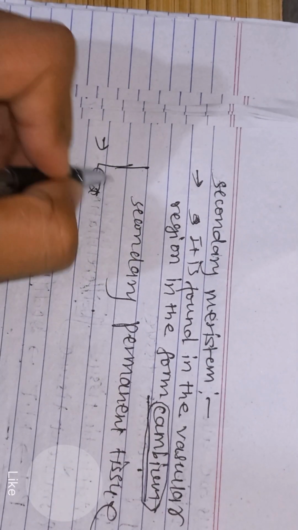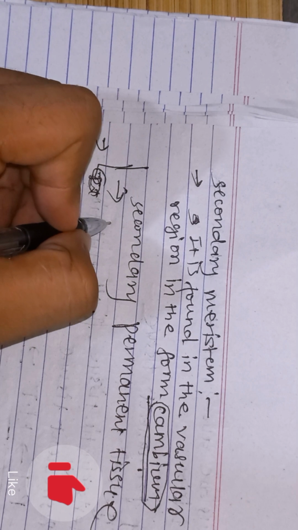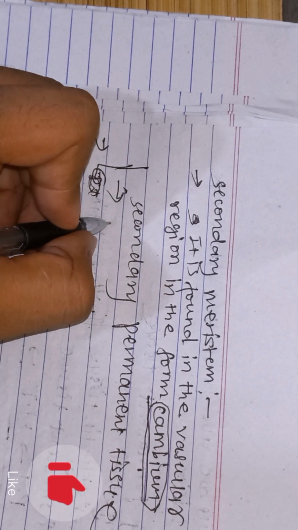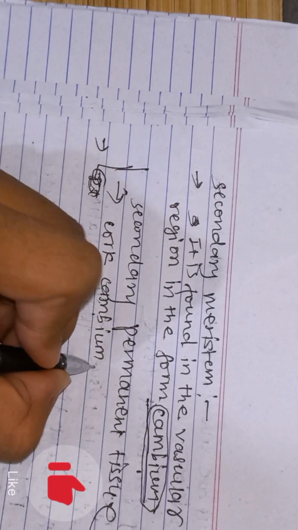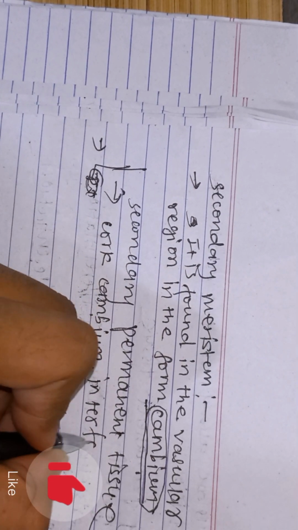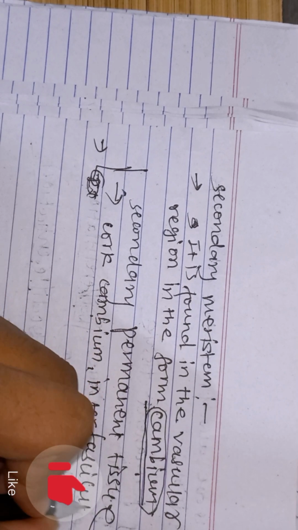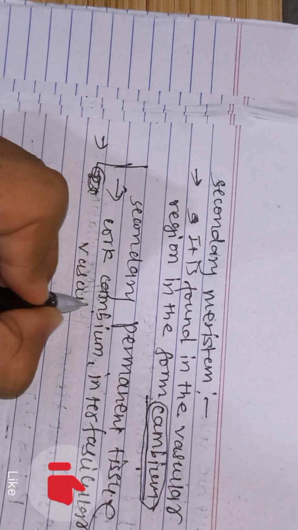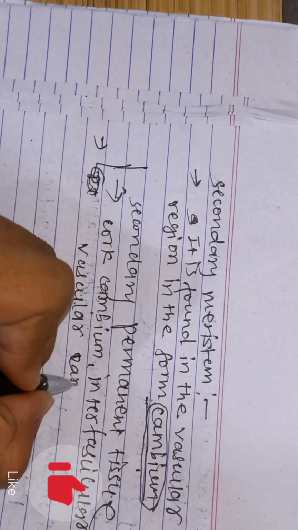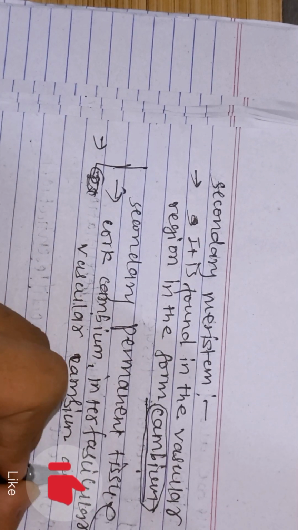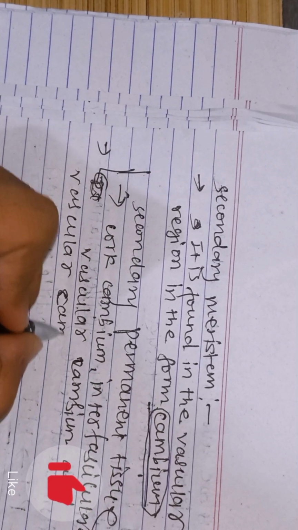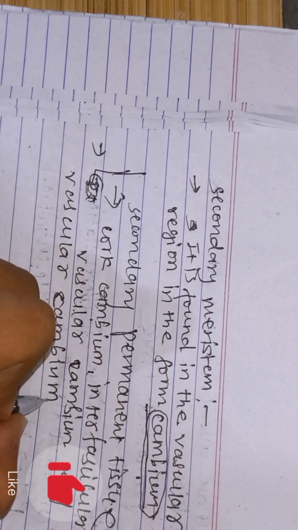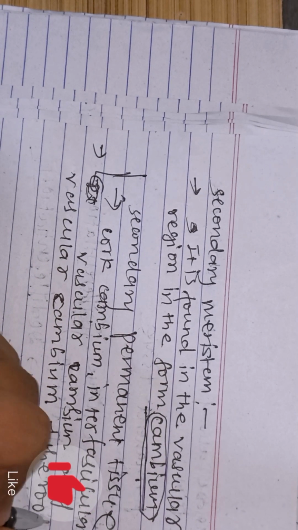Examples of secondary meristem are cork cambium, interfascicular cambium, and vascular cambium of the root. I hope you all have understood up to this.